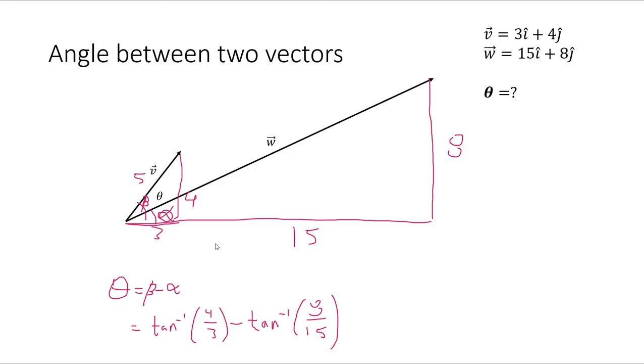What force do the brakes have to apply to prevent the car from moving? Or maybe you're pulling a wagon at an angle of 45 degrees with the horizontal. What's the effect of your pulling on the motion of the wagon?